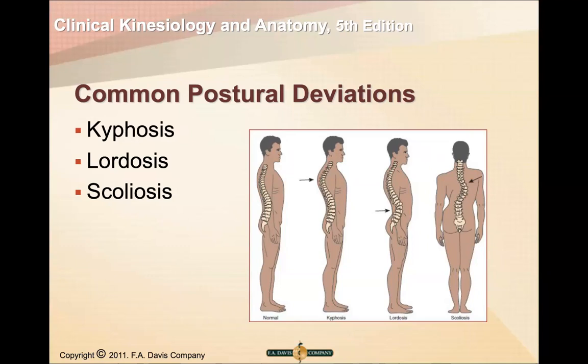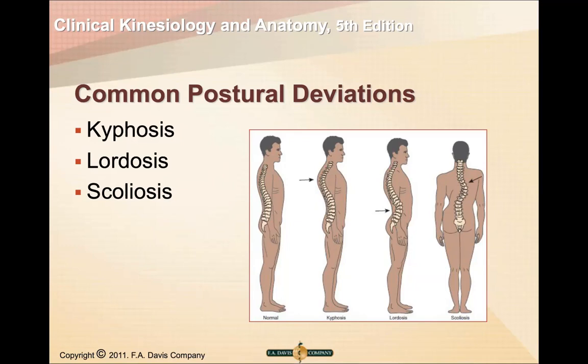Especially toward the end of their pregnancy, in their last trimester, when the baby is bigger, you can look at them from the side, and because they're carrying so much more weight on the anterior surface of their body, their lumbar spine curves inward, and they have an increased lordosis. Now, I'm not saying that every pregnant woman is going to have that, but it's very common with pregnant women. Now, you don't have to just be pregnant to have an increased lordosis. Some people just have an increased lordosis anyway.